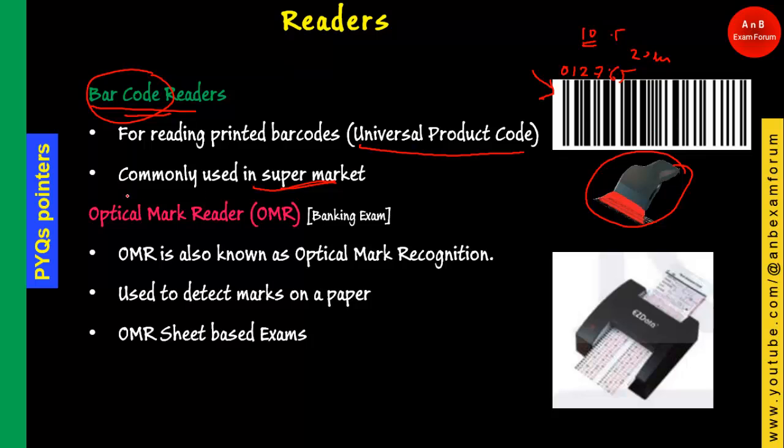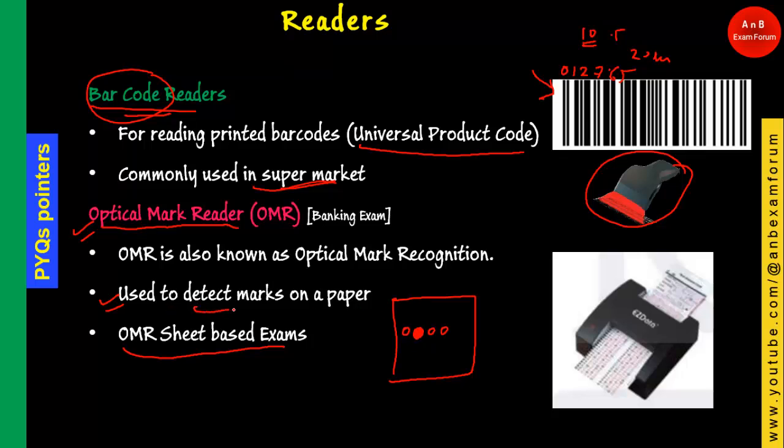The next reader is the optical mark reader. As all of you students know, in the OMR sheet we generally fill in the rounds. You have OMR sheets where you need to fill the answers, and you mark or fill those OMR sheets with your pencil. These markings are used to detect the marks on the paper. Whatever the obstruction is, it is used to identify it.